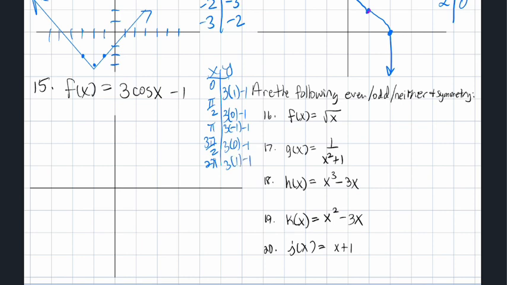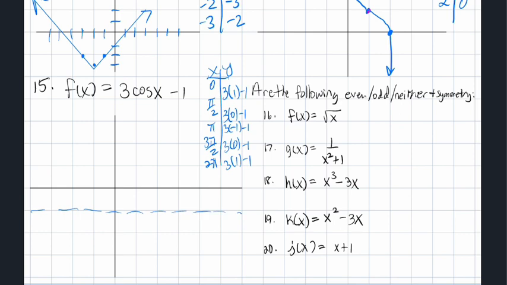So you'll notice that I just wrapped the 3 times that quantity, minus 1, around those values. We've got 1, 0, -1, 0, 1. That's what the cosine does. And I've just wrapped that 3 on the outside and that -1 around that, and simplify it. Okay. So put your midline on.